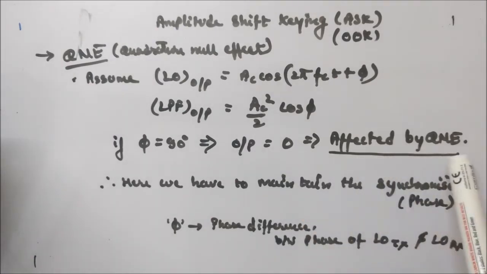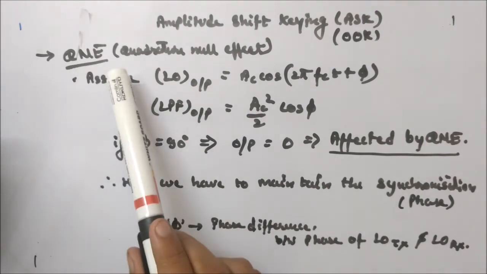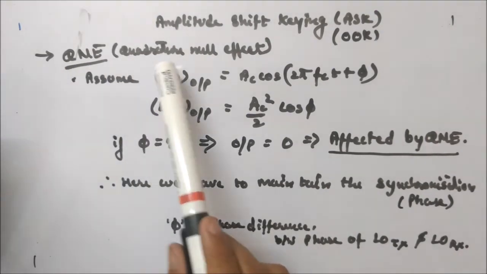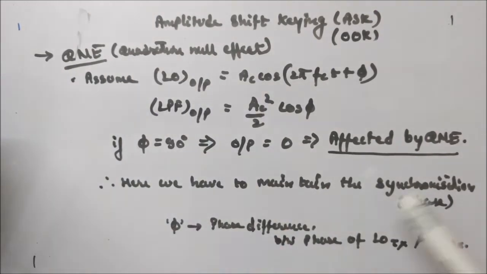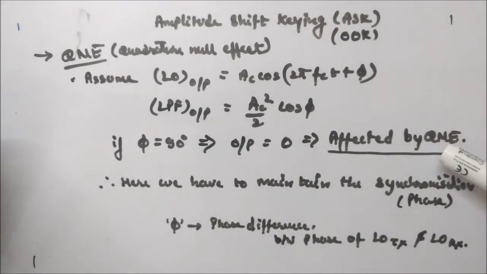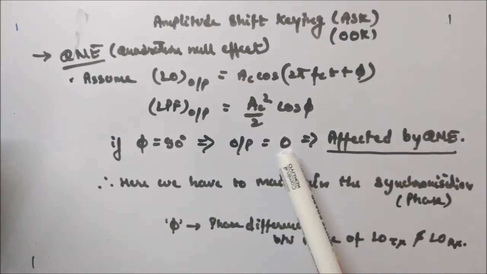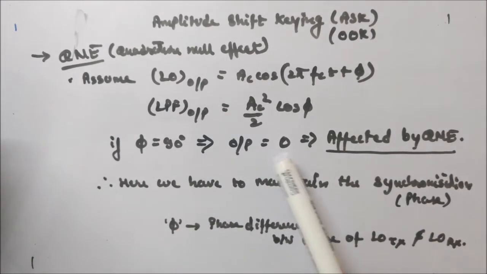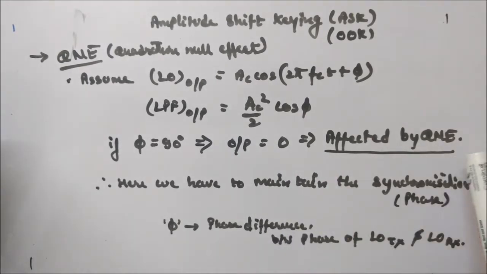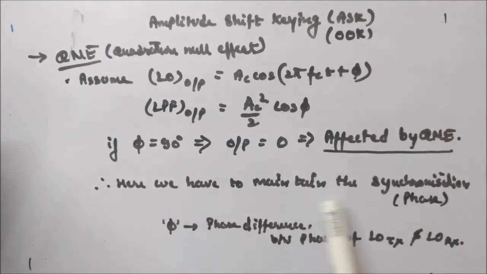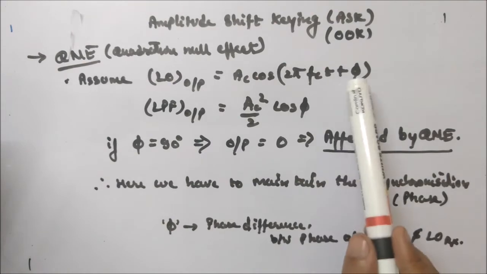This is the quadrature null effect, QNE. This is a problem actually. So you won't be able to detect bit 1, it will always detect bit 0 at the output of the threshold.